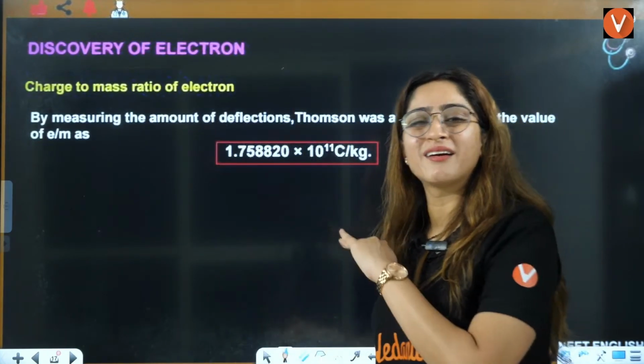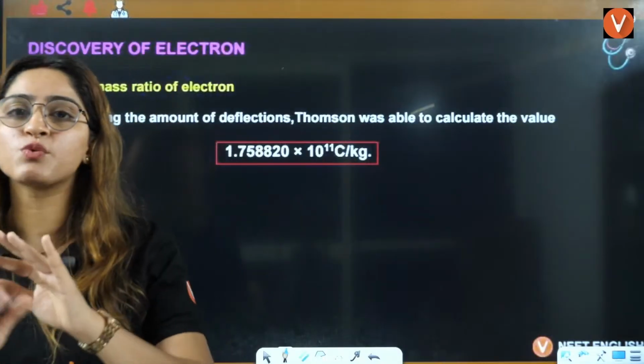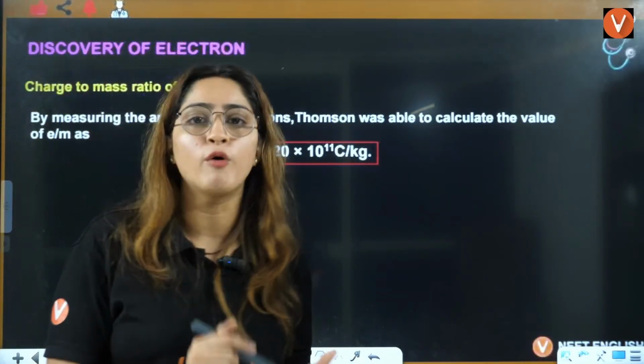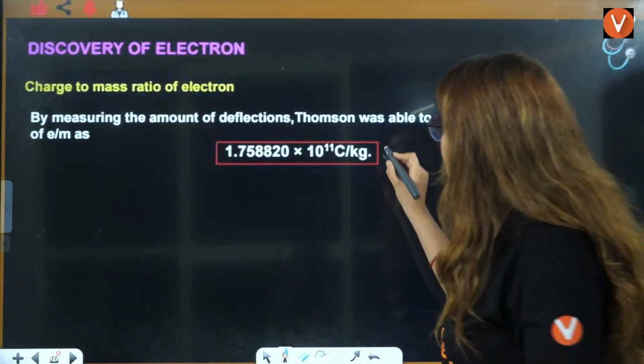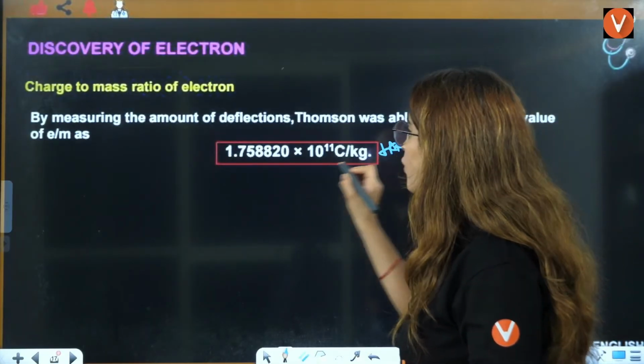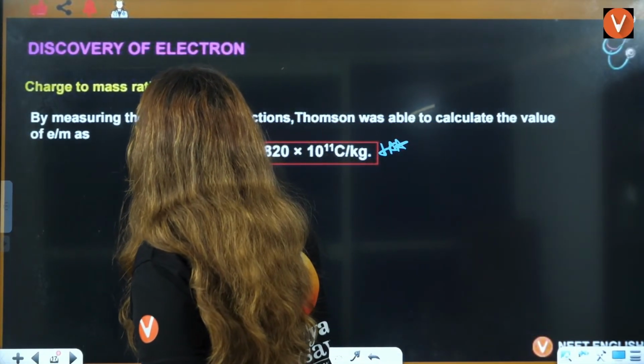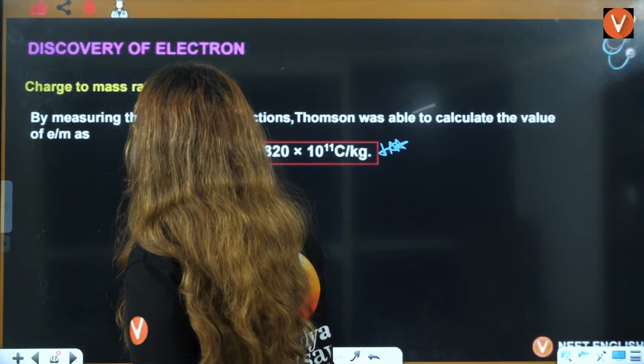How it was calculated doesn't matter. For you, this is the maximum you need to know about the e/m ratio. But this particular value, you should definitely know: this is the e/m ratio of the electron.